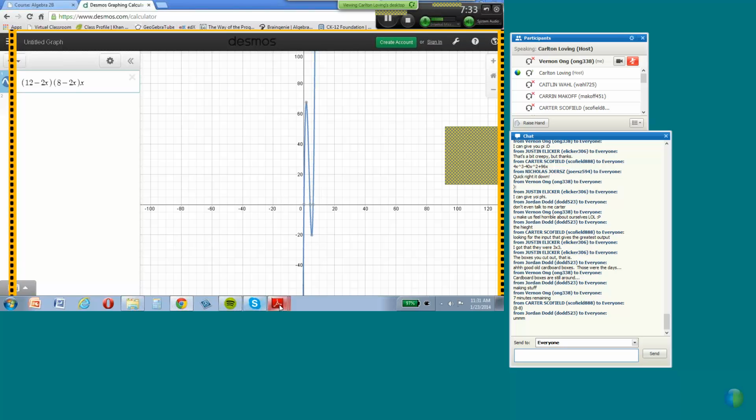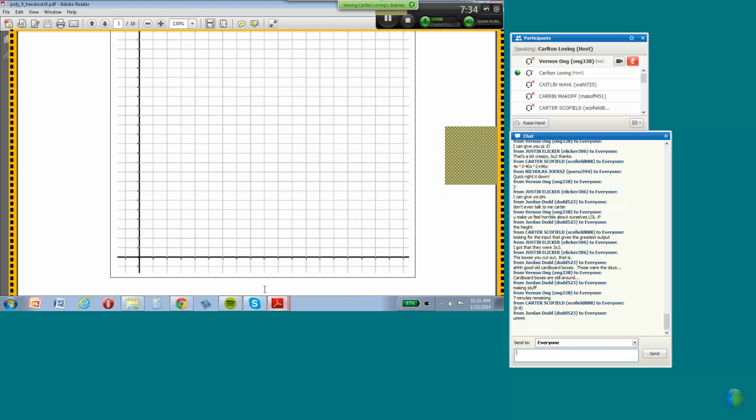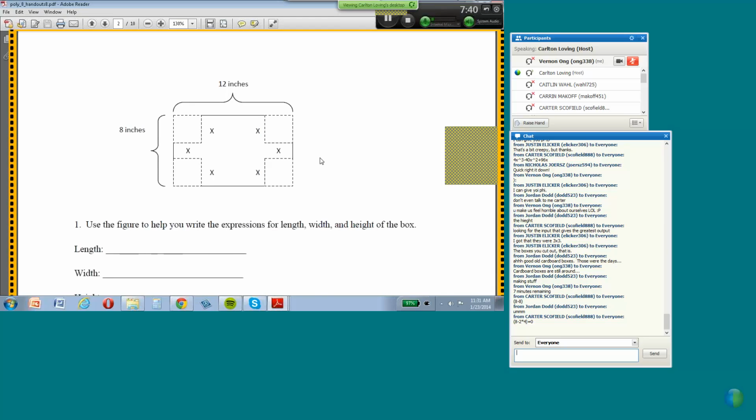If we go back to the original handout and scroll up, here's our diagram. If I cut out my x squares so that they are 4 by 4, Carter's saying 8 minus 8. He's saying you're going to cut off that whole side, right?